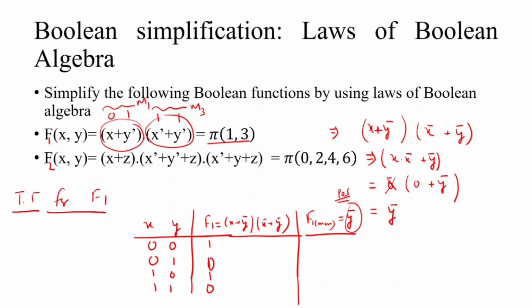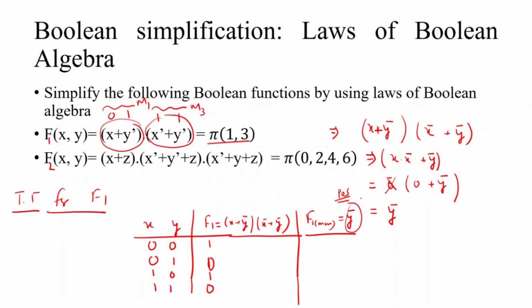When we consider this function in POS form, y appears in primed form, which means the value of y is considered as 1. But when we consider it as SOP form, y appears in primed form, which means the value of y is taken as 0. But here we minimize the POS form function in POS form, so the output is also in POS form.